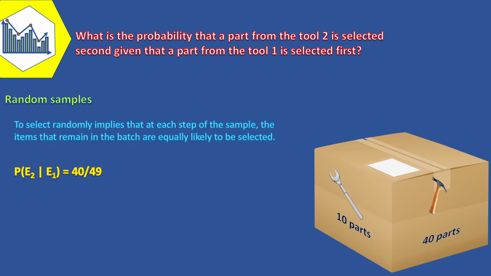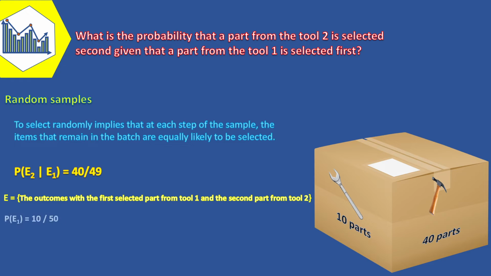For example, let the event E consist of the outcomes with the first selected part from tool number 1 and the second part from tool number 2. To determine the probability of E, consider each step. The probability that a part from tool number 1 is selected with the first pick is the probability of E1, that equals 10/50.